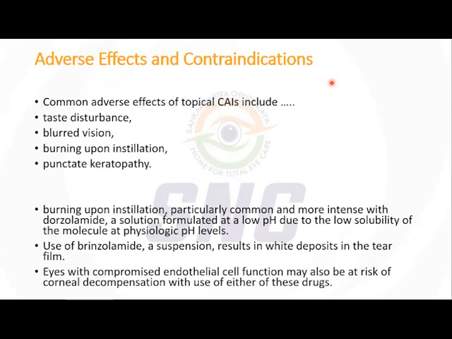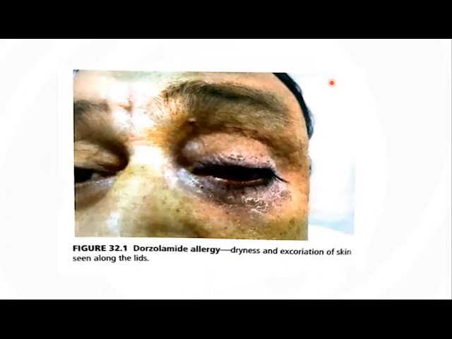So burning is more. Use of brinzolamide suspension results in white deposits in the tear film. Eyes with compromised endothelial cell function may also be at risk of corneal decompensation with the use of either of these drugs. And with dorzolamide allergy, dryness and excoriation of the skin along with the lids, we can see in this picture.